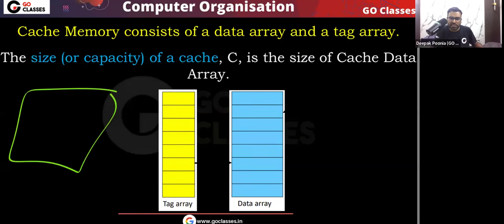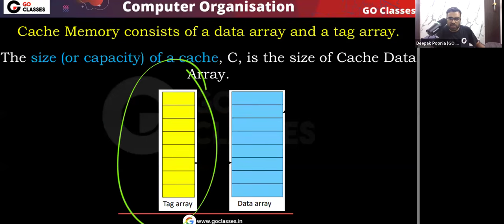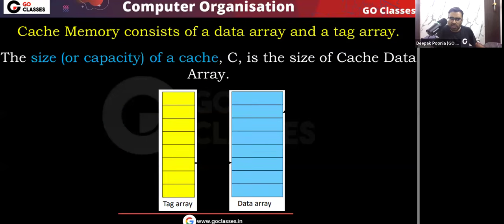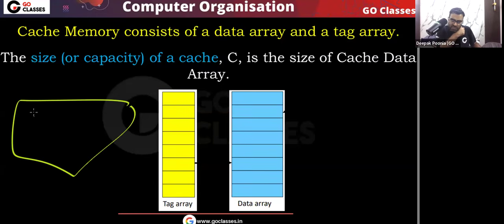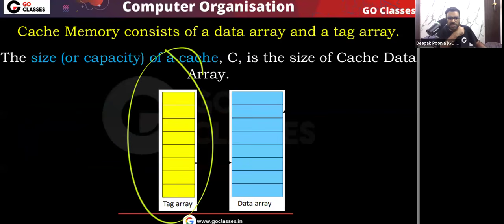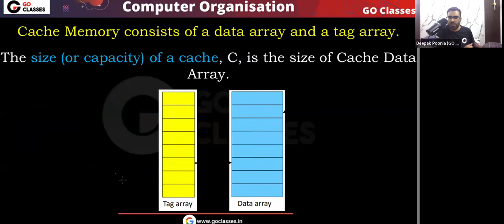If explicitly it is given that you need to include the tag directory size also, then only we will include it. Meaning if the question says we need to include the tag directory size in the total cache memory size, then we will include this tag array size. Otherwise, we will never include the tag array size in the size of cache memory.